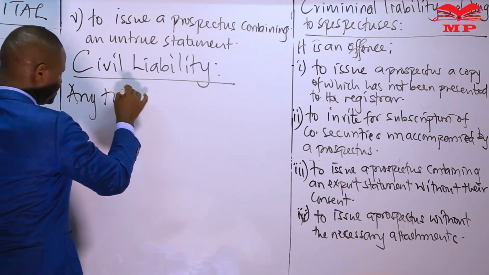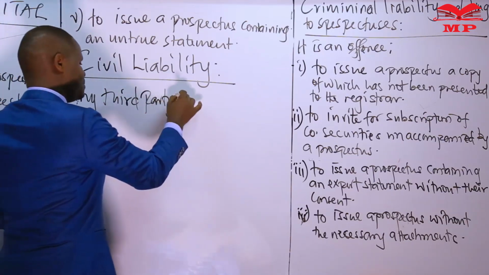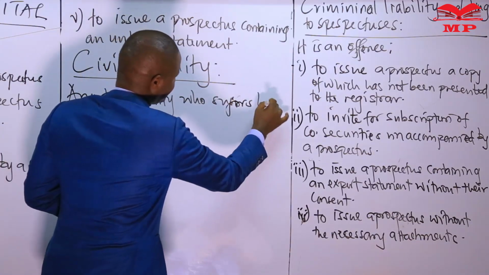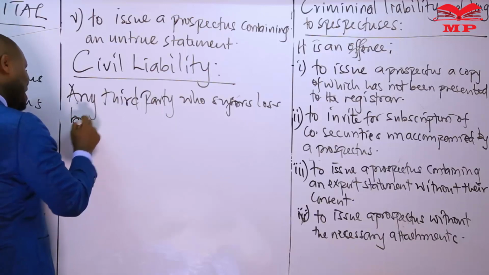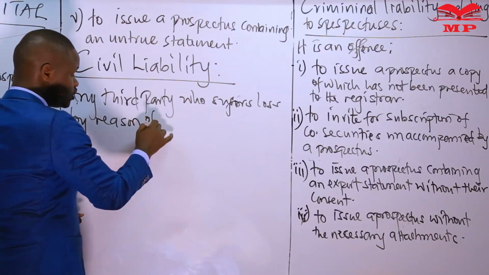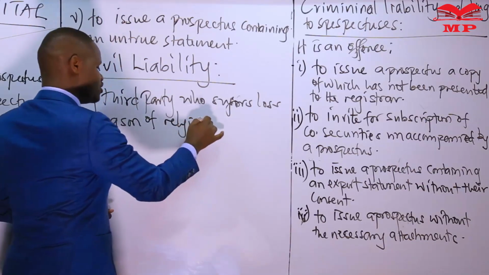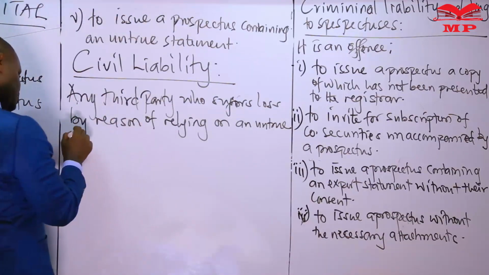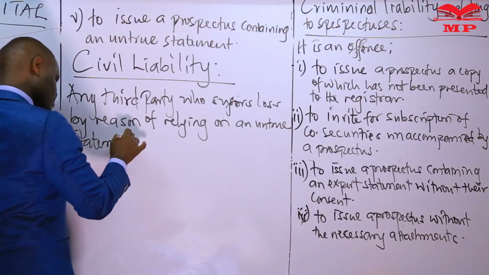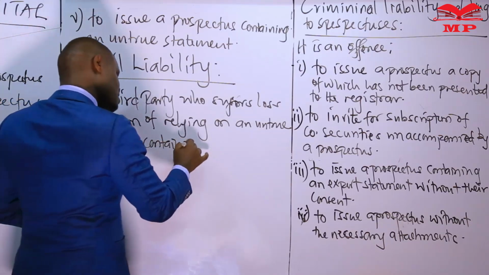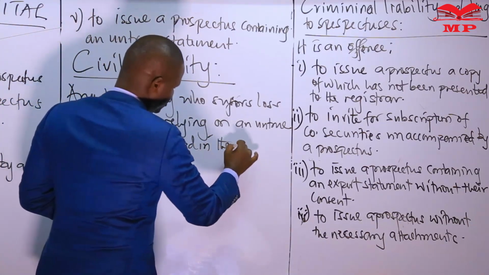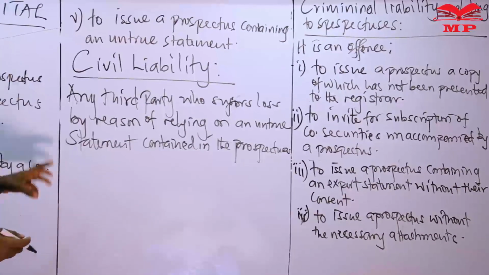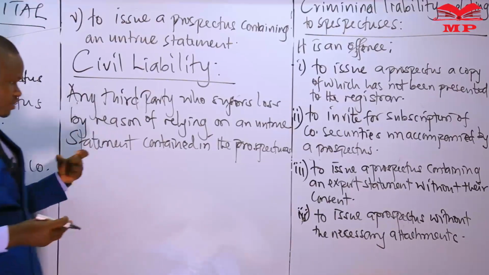Any third party who suffers loss by reason of relying on an untrue statement contained in the prospectus. Any third party who suffers loss by reason of relying on an untrue statement contained in the prospectus.